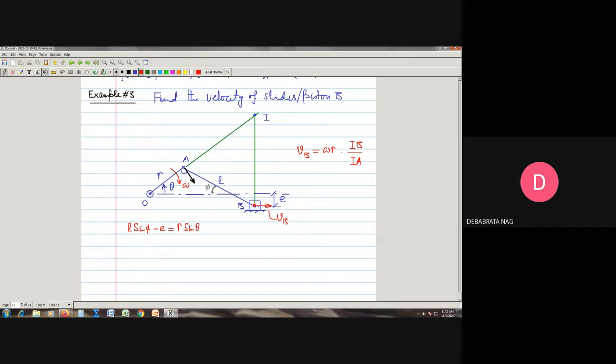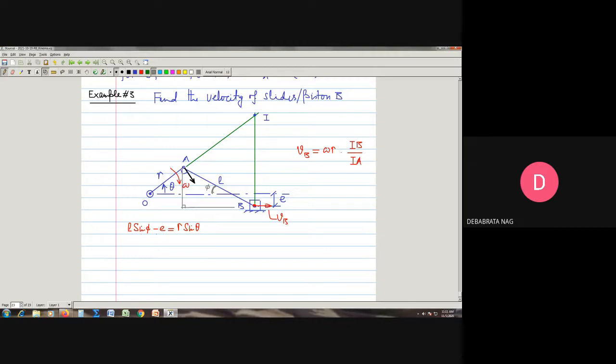L sine phi minus E, because through this point, if I draw this line, this perpendicular gives us this value called L sine phi. If we subtract E, that will be the distance from here to here, and that must be equal to R sine theta.